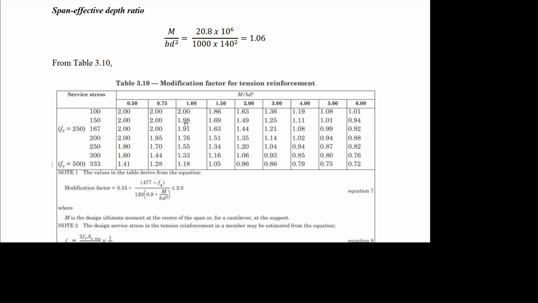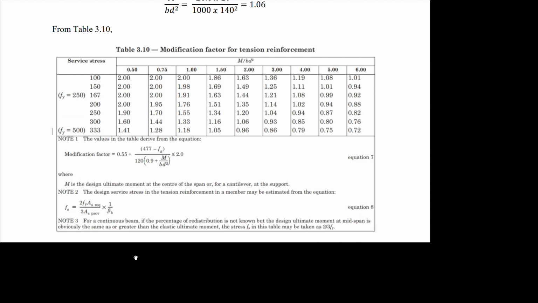Now we want to look at M over bd squared, and it is 1.06. These are the values of M over bd squared. We have 1, we have 1.50. How do we get 1.06? Even though our fy is 500, mind you, I told you the other day that we'll calculate our fs, and our fs is 2 over 3 fy As required over As provided times 1 over beta b.